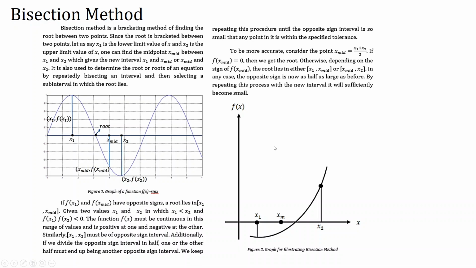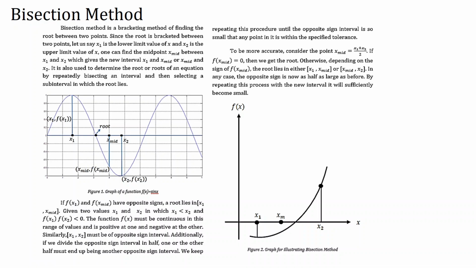If f of x mid is 0, then automatically we get the root. Otherwise, depending on the sign of f of x mid, the root lies in either x1 to x mid or x mid to x2. In any case, the opposite sign interval is now half as large as before. By repeating this process with a new interval, it will become sufficiently small.